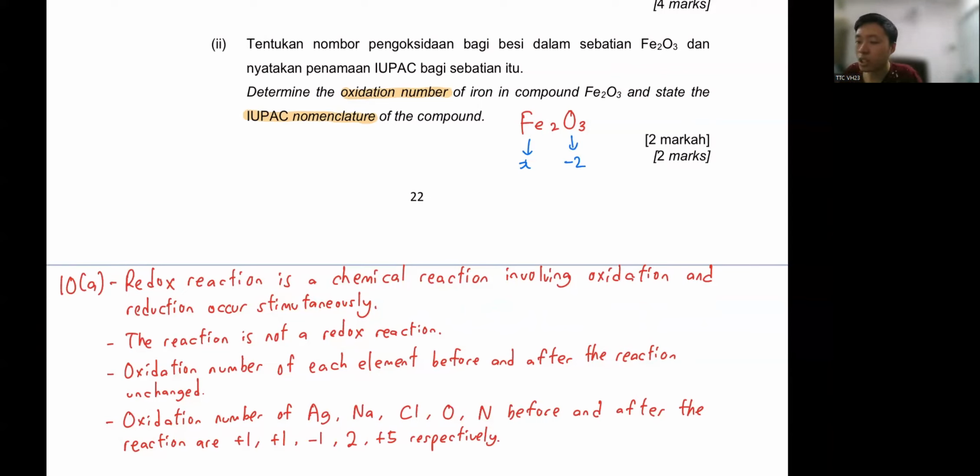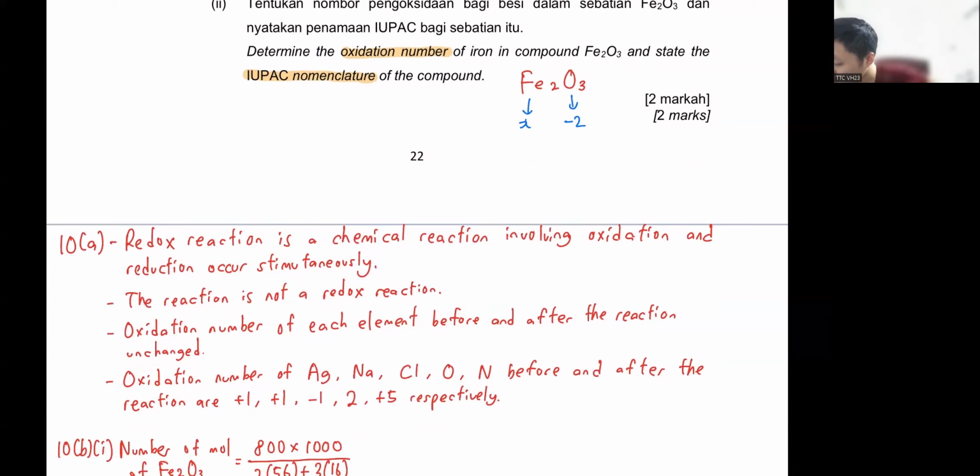Then you have to write it in terms of oxidation number. You can say the oxidation number of Ag before and after is +1, Na before and after is +1, Cl before and after is -1, O before and after is -2. I missed one negative. Then N before and after is +5 respectively.